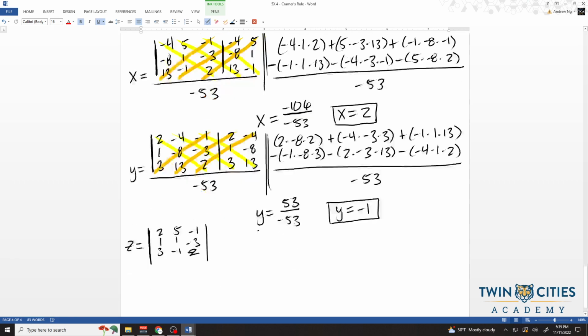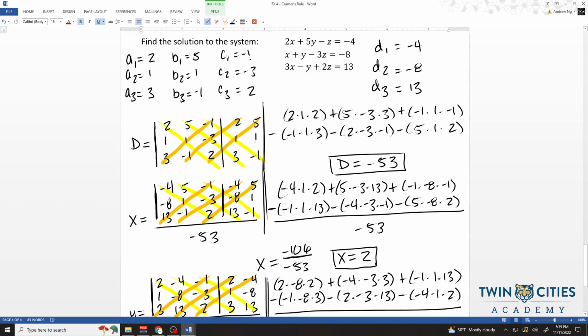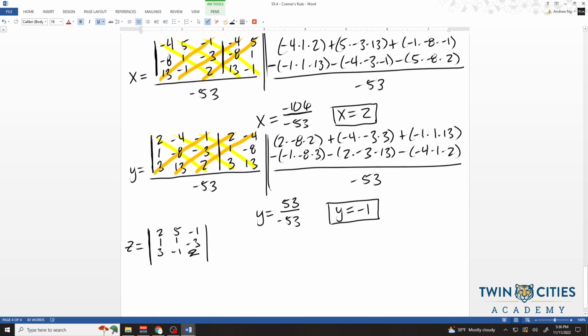Okay, except since I'm finding z, I'm going to replace the coefficient on z here. That means I'm going to replace these c's, negative 1, negative 3, 2, with what d is. So replacing that with negative 4, negative 8, and 13. So let's erase this, and I'm going to replace that with negative 4, negative 8, 13.